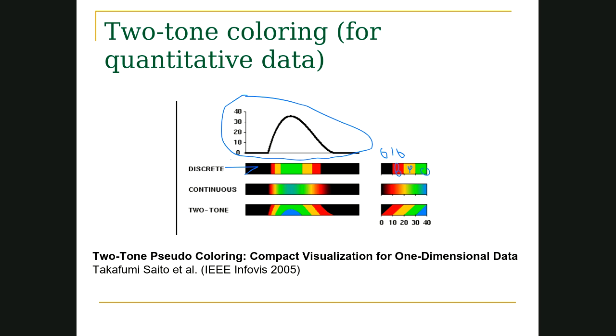It almost does not matter that much what color scheme you're using. It might matter if you try something, but I think for the most part it's not dependent on the color scheme. So you can see if I use this discrete scale, that curve would look something like this. It doesn't tell you much. If you don't see the plot on top, you don't understand a lot about it.